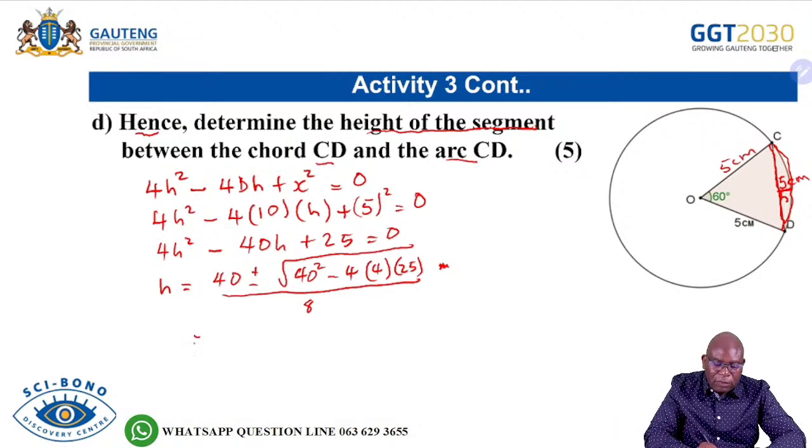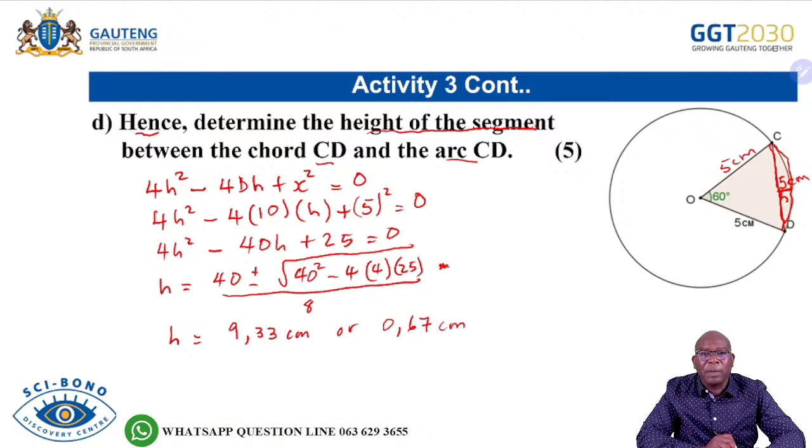So the h value, if I use my calculator correctly, I'll have 2 values here. One will be 9,33 centimeters, or the other one will be 0,67 centimeters, correct to 2 decimal places.